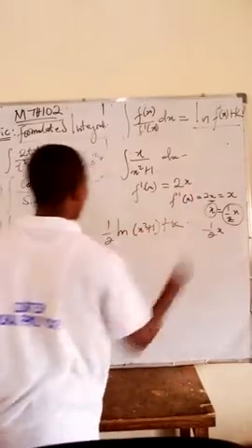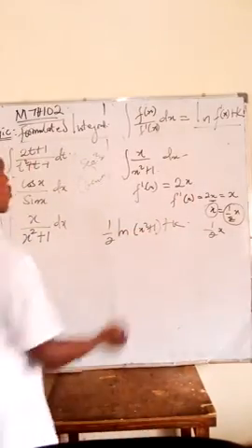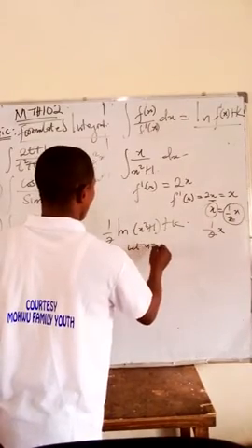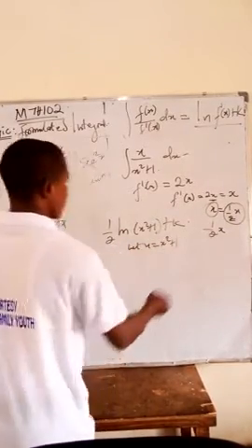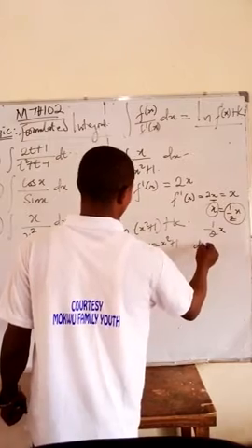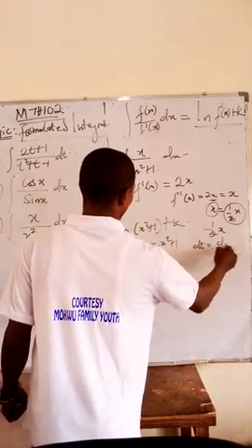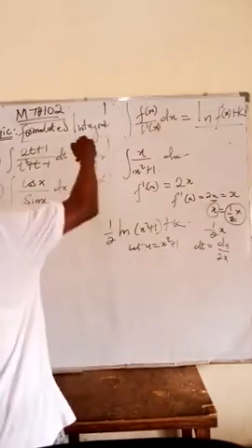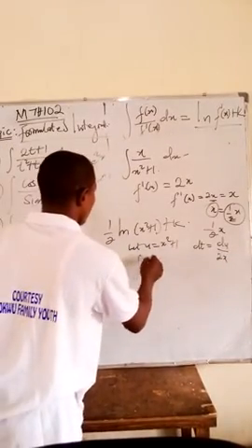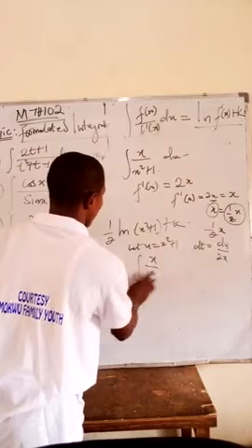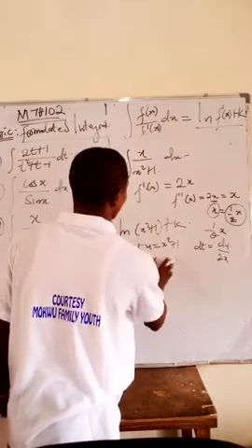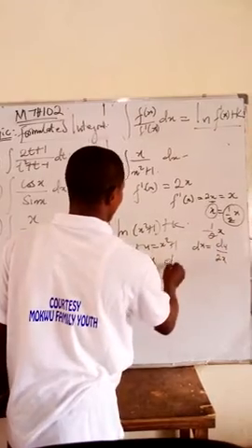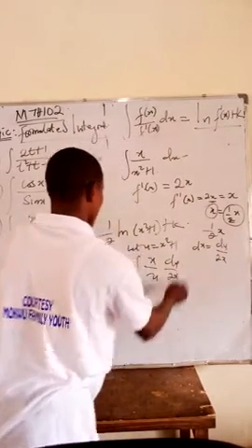Or using substitution, you can also get it this way. Let my u be equal to x squared plus 1, so that my dx will be equal to du over 2x. Put it there. We have the integral of x over u, and dx becomes du over 2x. The x cancels x.